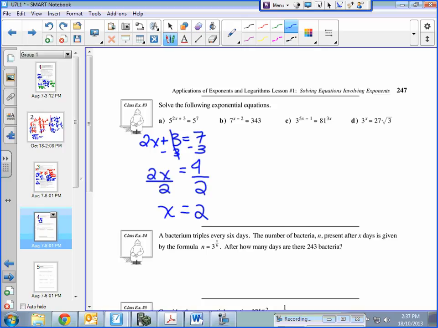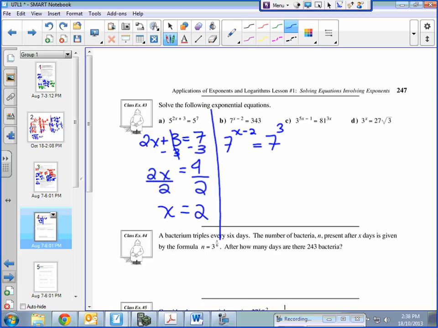No, 7 squared is only 49, so it's 7 cubed. Okay, sorry, I did it wrong. Is it 7 cubed? Yes. So I have 7 to the x minus 2 equals 7 cubed.